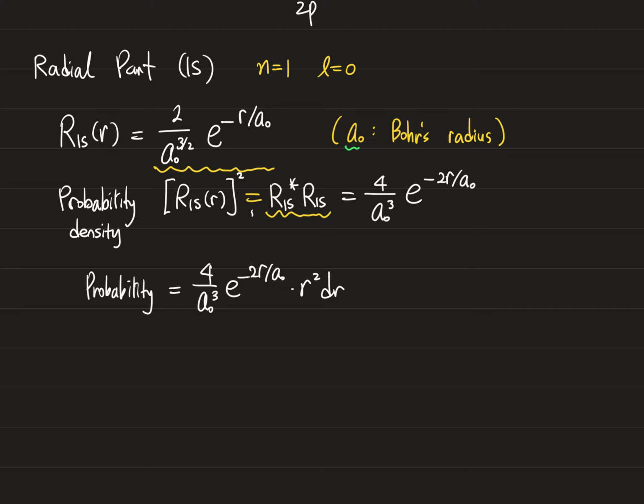So if you want to find the probability of finding electron between 0 to some specific value like a0, then you can integrate this probability from 0 to a0.